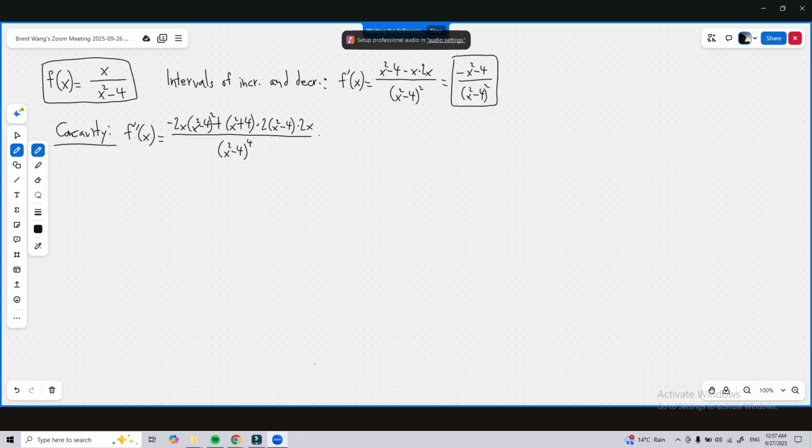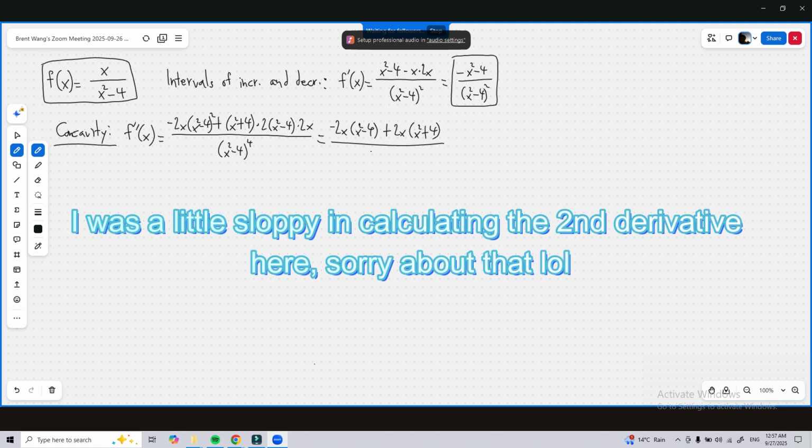This is equal to, we can factor out an x squared minus 4. So negative 2x times x squared minus 4 plus 2x times x squared plus 4. So now the denominator only has x squared minus 4 to the power of 3.